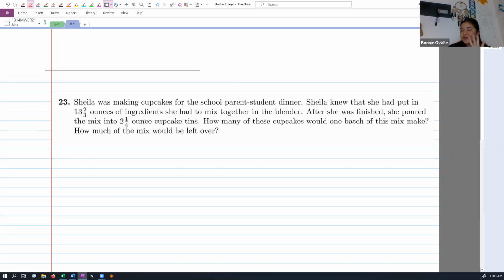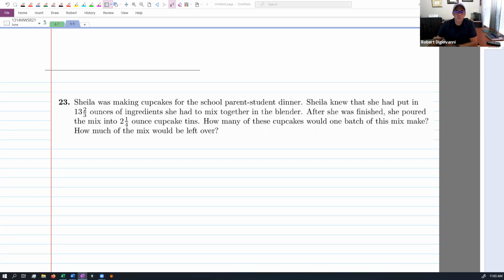And then that's just kind of where everything was going berserk. So you converted them. Were you having trouble with what operation to use to get the answer? I had put addition for the first question, because it says how many cupcakes would make one of these batches. So I don't know if that was right.